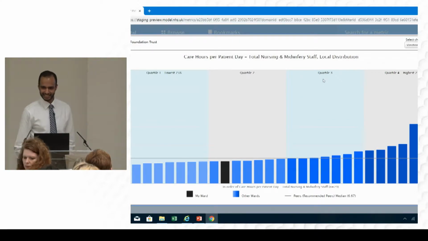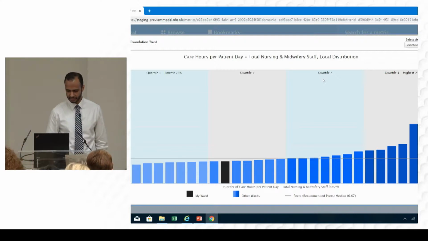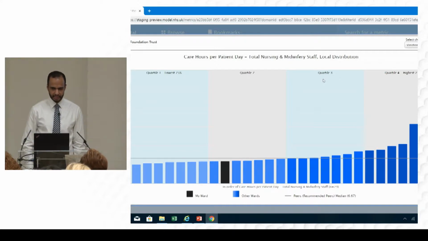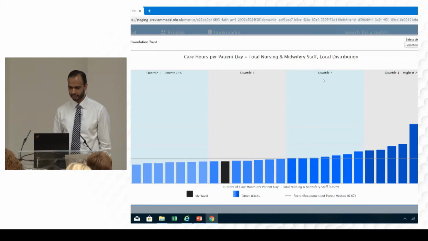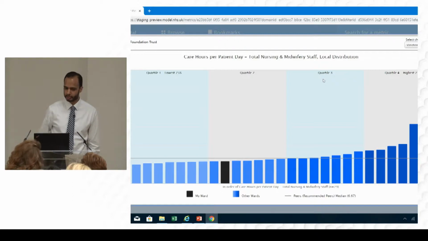So again, here's your ITU position highlighted again. That is the column on the far right. But you can see whether this is a systemic issue if you do have an issue on your wards, or is this something that's very specific for a given specialism or a given ward?